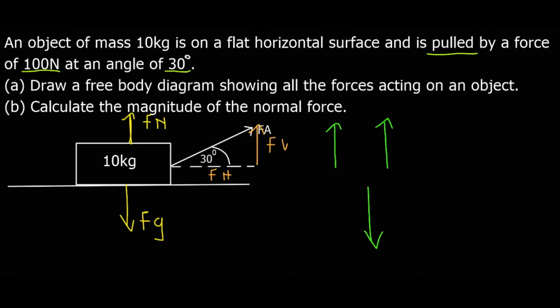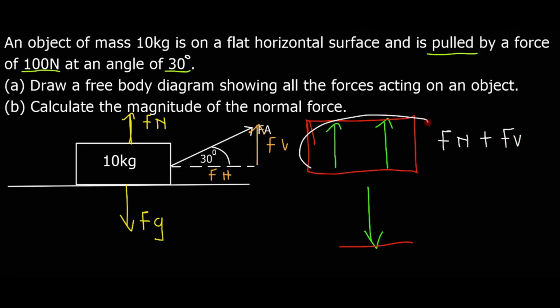So for this situation we will do the same: the upward forces, these two forces, are equal to the downward force. We will write it this way: Fn plus Fv, these two forces, because together they are going upwards, equal the downward force, which is mg.